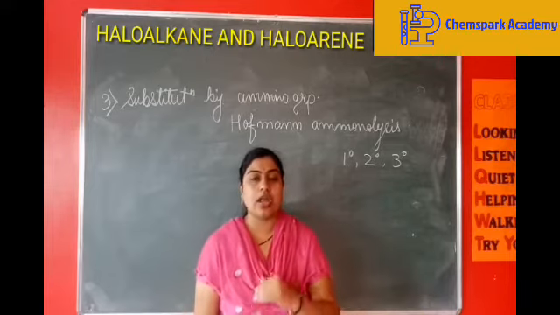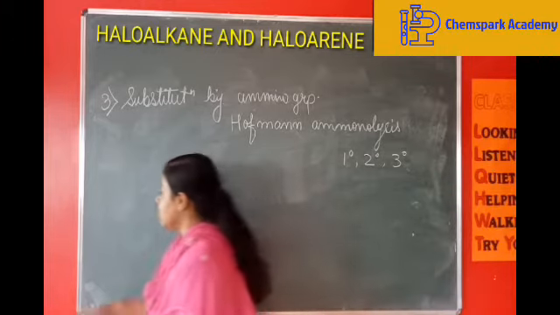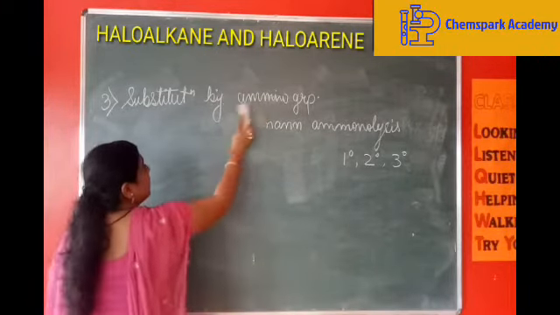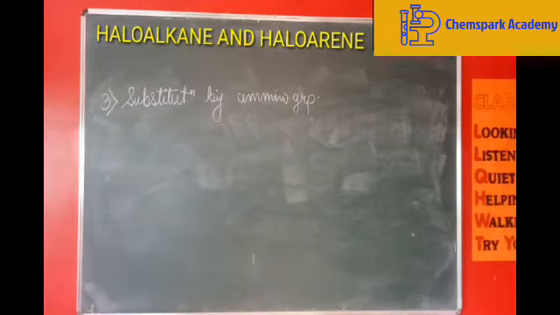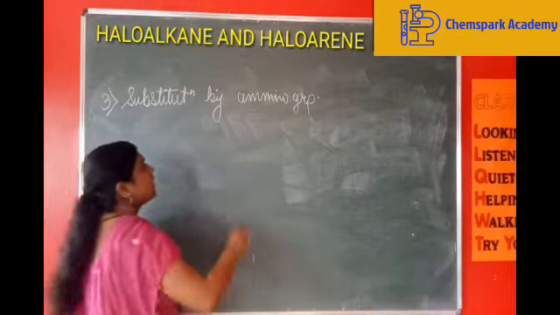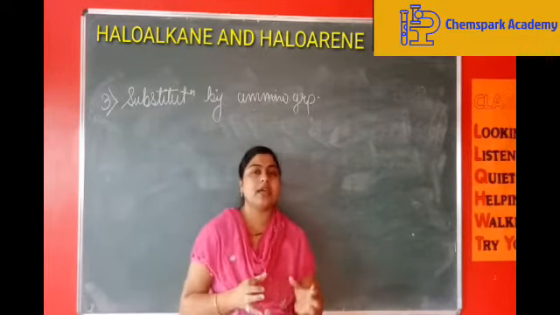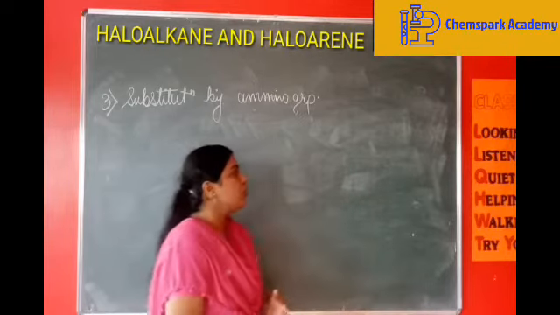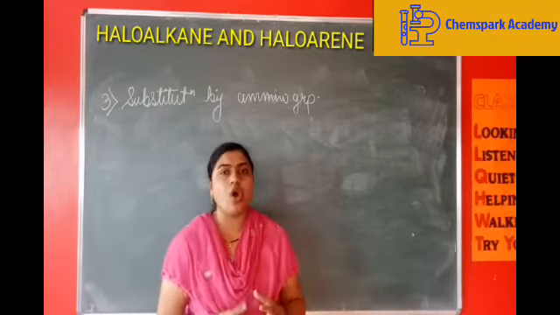The reaction goes on as we take an alcoholic solution of ammonia, that is, we use ethyl alcohol for making the ammonia solution alcoholic, so we have an ethanolic solution of ammonia.